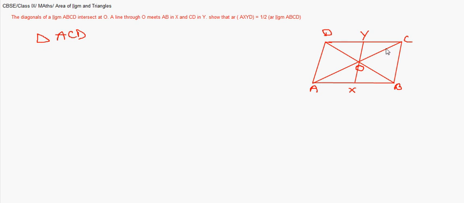The diagonal AC divides the parallelogram ABCD into two equal halves. So area of ACD can be represented as half the area of ABCD. Now look at triangles AOX, I'll just highlight it.